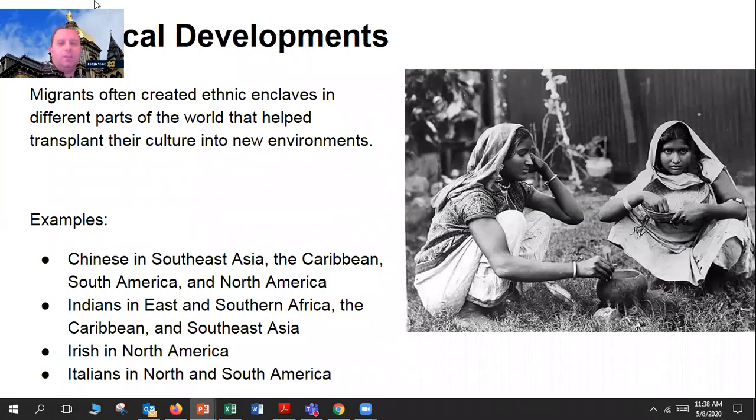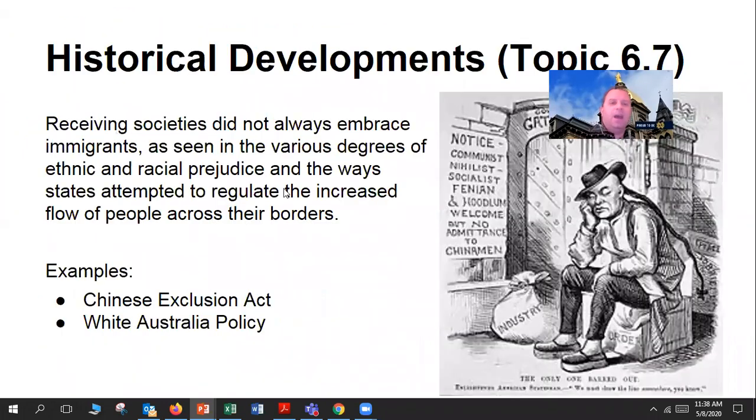All right, so what else is happening here? Let's talk about that. We know then that some of these societies are not going to be quick, or in some cases at all, interested in embracing these new ethnic groups. And so they are going to respond in such a way that tries to regulate their migration.